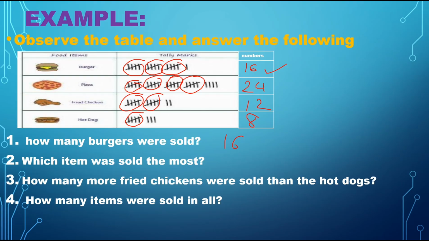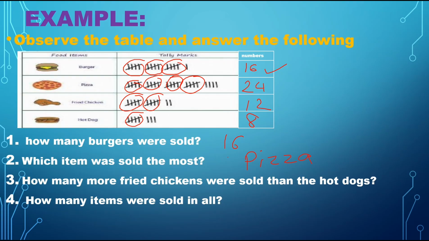Which item was sold the most? Check here. Pizza. We can say pizza was sold the most. So we can write answer as pizza. Third, how many more fried chickens were sold than the hot dogs?